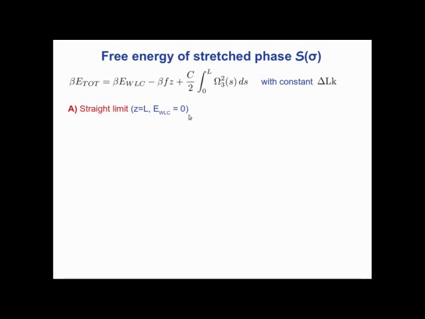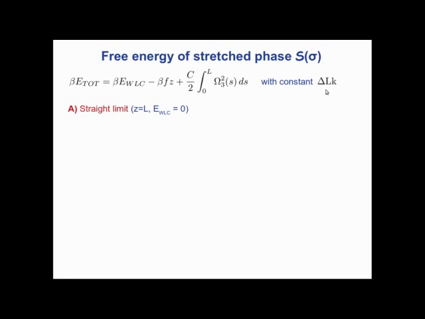So the molecule is not fluctuating. Imagine a straight molecule, but there is still this linking number constraint. Because the molecule is straight, there is no bending energy, so the worm-like chain energy is just 0, and there is just this term to evaluate at constant delta Lk.